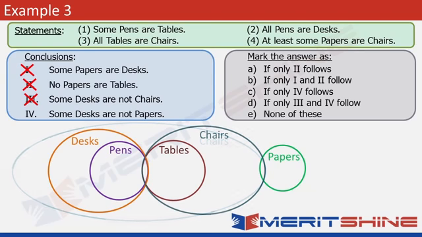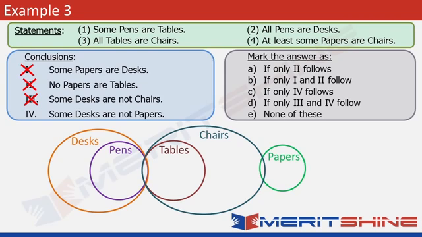Alright, let's bring the figure back to its original position. Number 4. Some desks are not papers. So this is very similar to conclusion 3. But now in place of chairs, we'll have to think about papers. What is the condition given on papers? Just one. In statement 4, that some papers are chairs. So we can see that we can put all the desks inside papers without violating this condition.